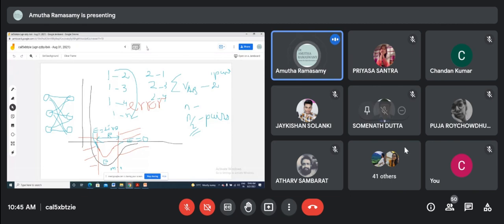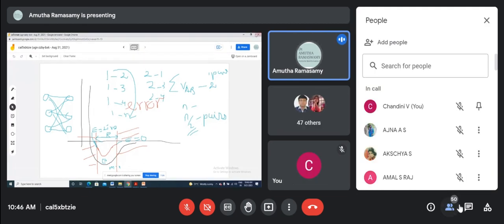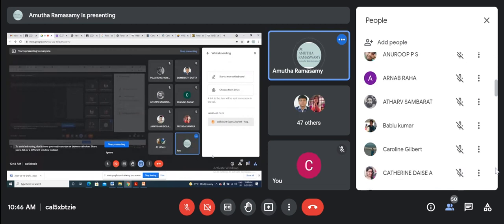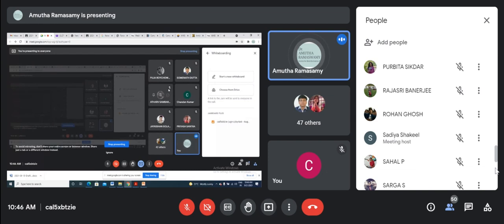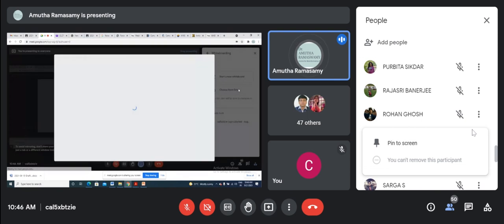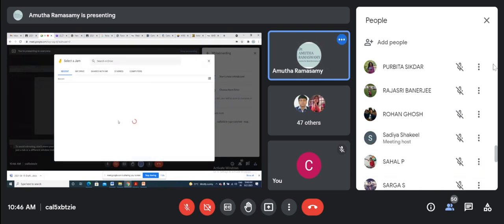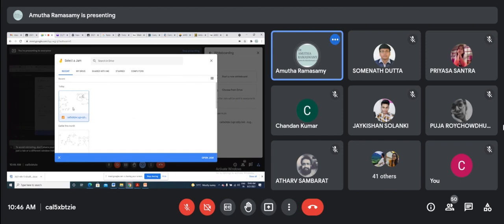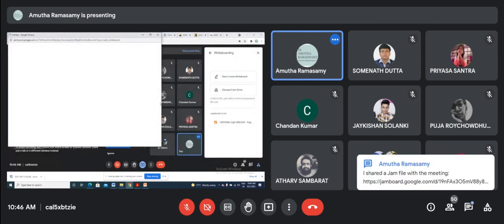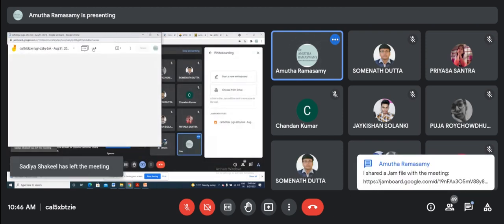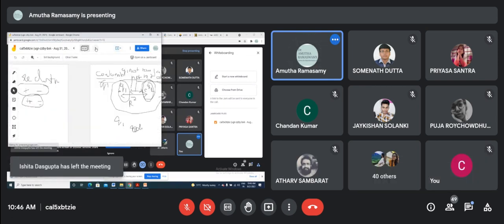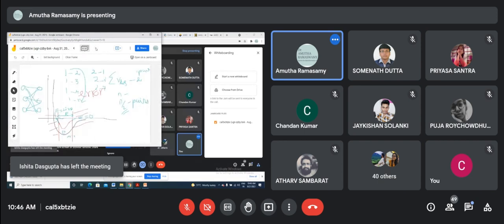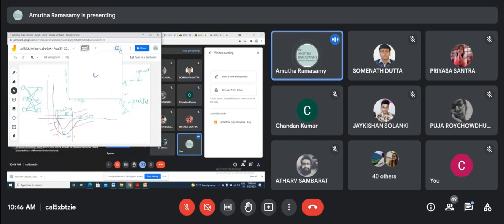It is not moving to the next page. What is this? Let me see. I'll go like this, down from the right. Then I choose this. Like this.